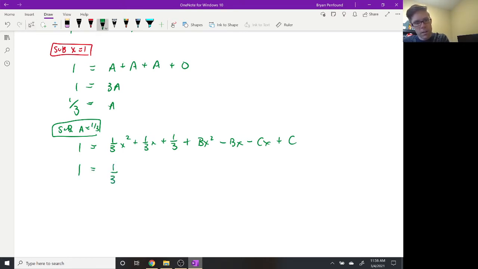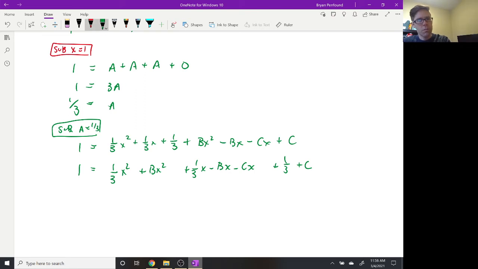So we have 1/3 x squared. There's also a bx squared that we can add to that. Collecting like terms of x, we're going to have a 1/3 x, a minus bx and a minus cx. So that's all of the linear stuff, the power of 1s. And then we have 1/3 plus c as the constant number.